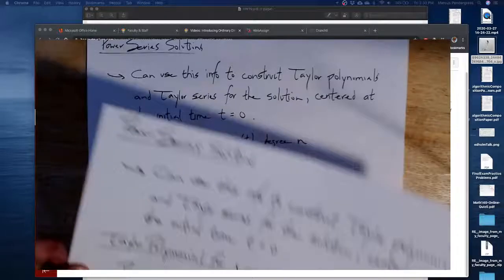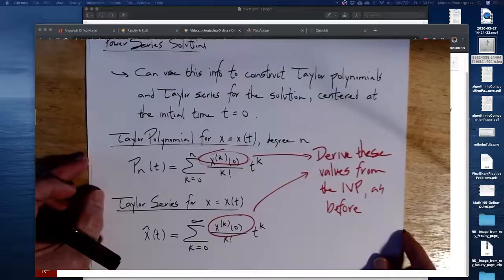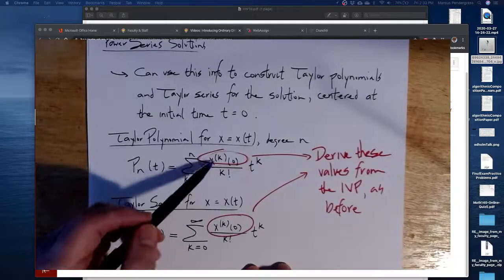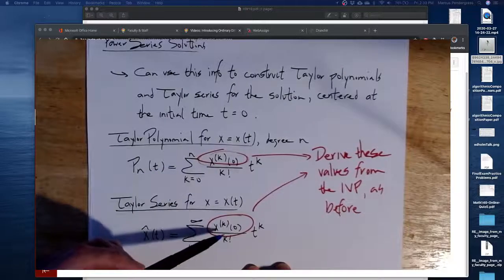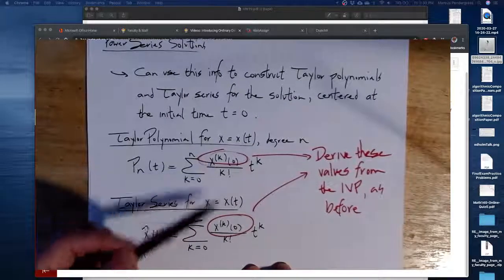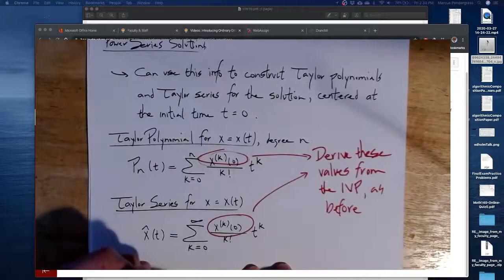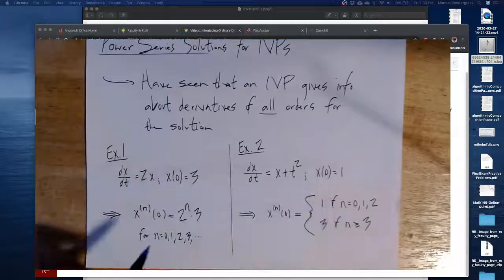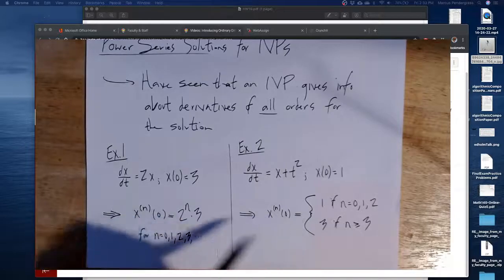Just to connect this to the previous work we've done, these derivatives that form part of the Taylor series and the Taylor polynomials are exactly the things that we derived in our previous videos. And so those are exactly these numbers here that we were able to pull out of the initial value problem.